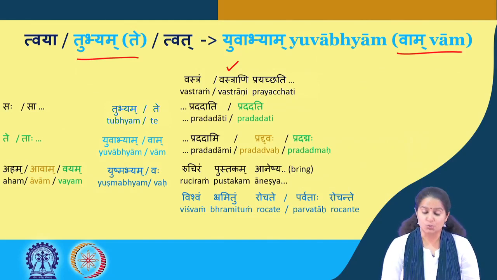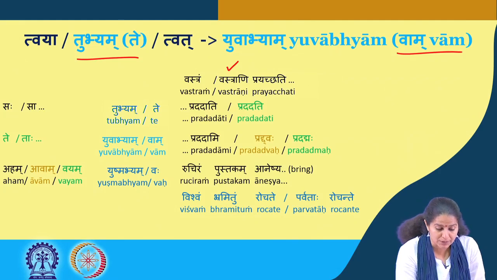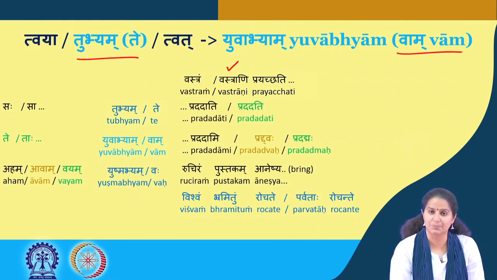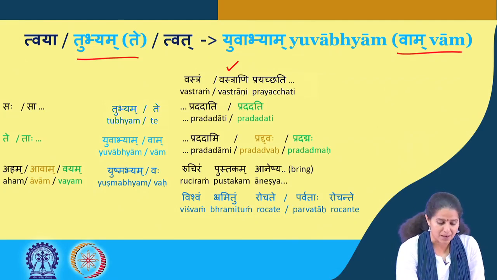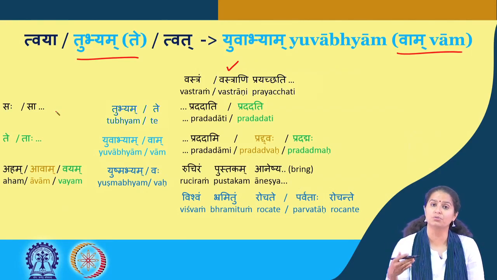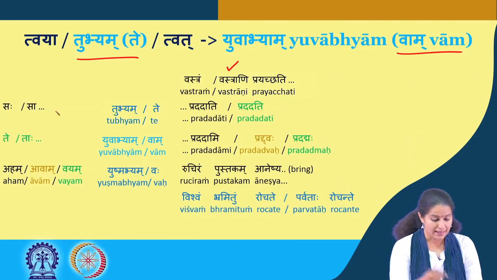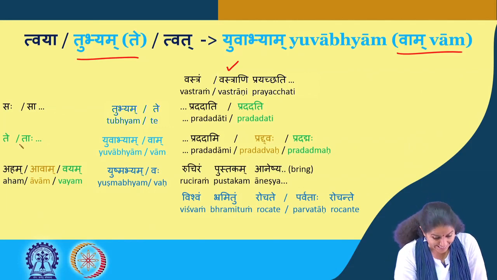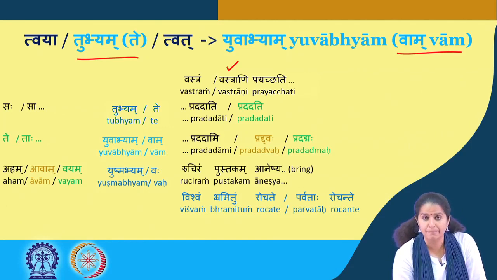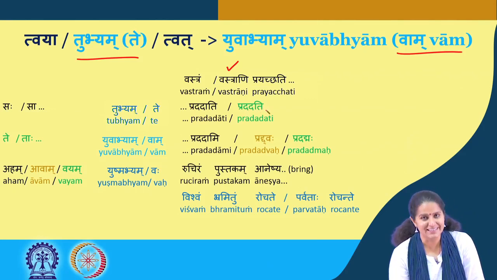Uttamam. Let's do the second one, but here we'll do it with the plural of the third person. And we know that when we are marking it like that, we also include the second person formal, which is bhavan or bhavati. In the case of the plural, it will be bhavantaha or bhavatyaha. Uttamam. So, te tubhyam, so they to you, vastrani pradadati.